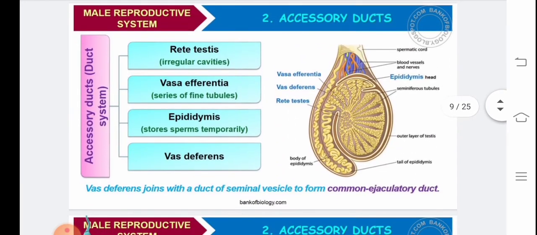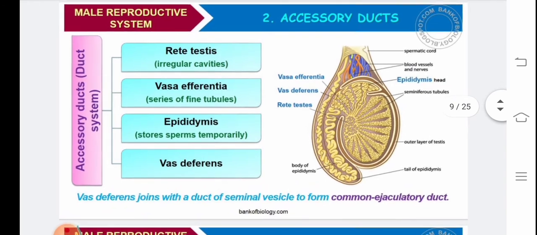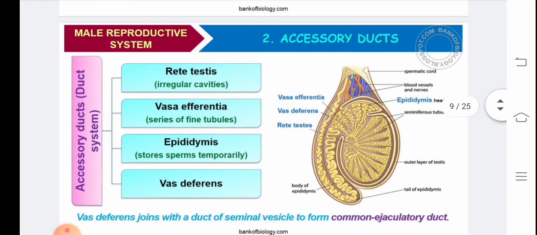So next let us discuss with male accessory ducts. Before that, we'll discuss what is accessory sex organs. So accessory sex organs are those organs which do not directly produce a sperm. So as we know, sperm production takes place inside the testes, right?